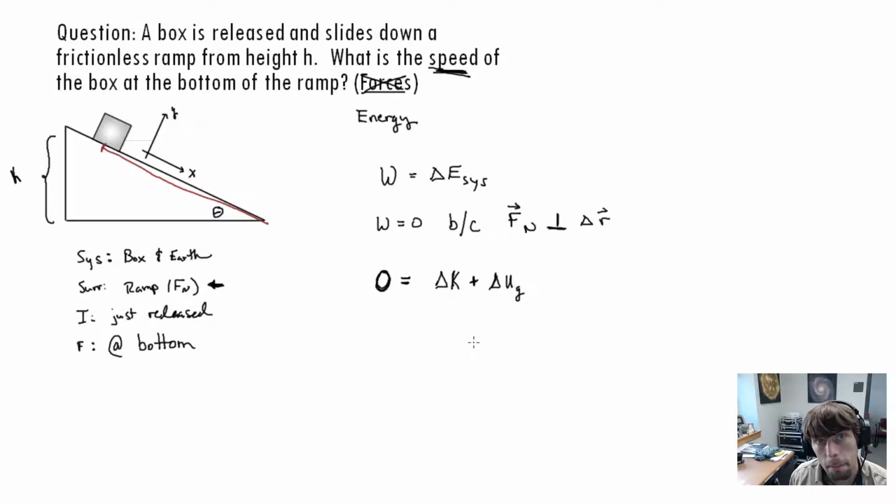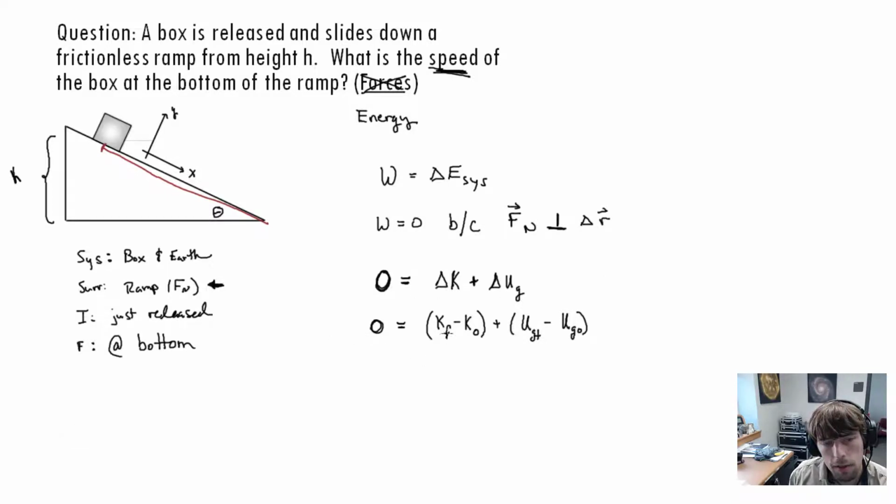So I'll write this down. Now let's substitute in our definitions for the kinetic energy of an object and the gravitational potential energy. I'll break this up one more step: 0 equals K final minus K naught plus UG final minus UG naught.